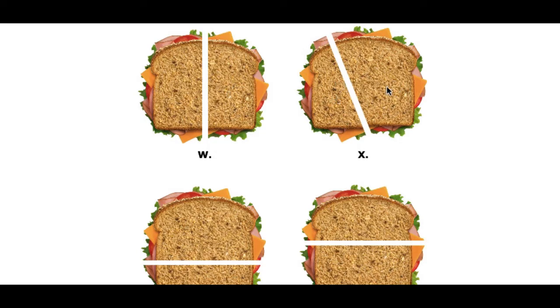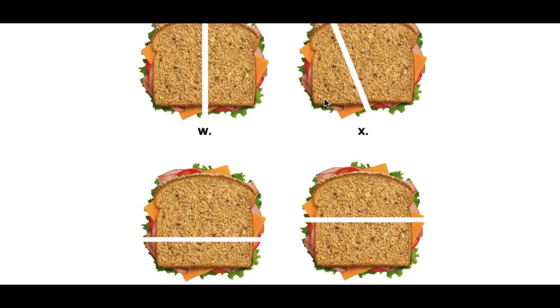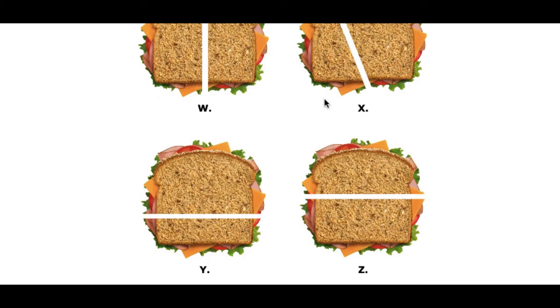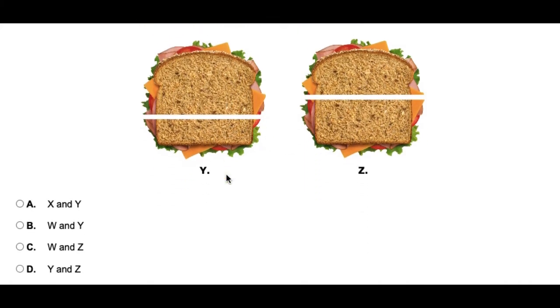In X, the right portion is big and the left portion is small. In Y, the line is much lower, so it can't be correct. The upper portion is big. In Z, the above portion is cut from the middle, but the upper portion is not exactly the same as the lower portion. So we will go with W.